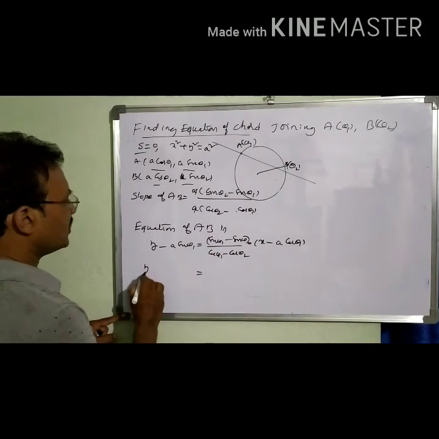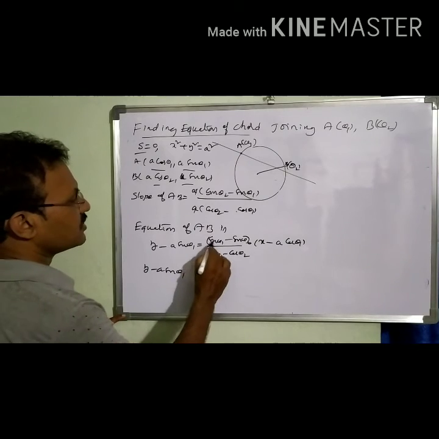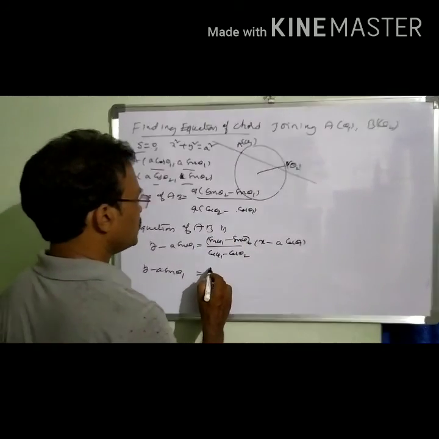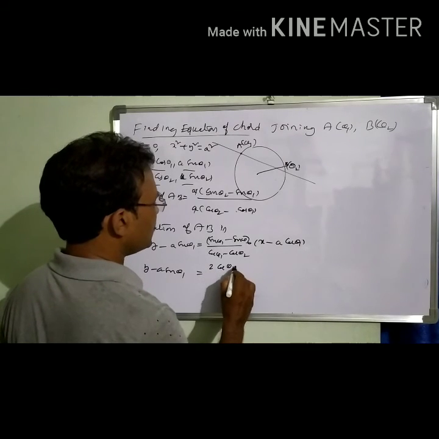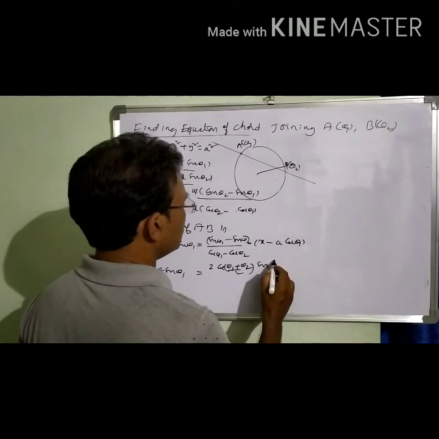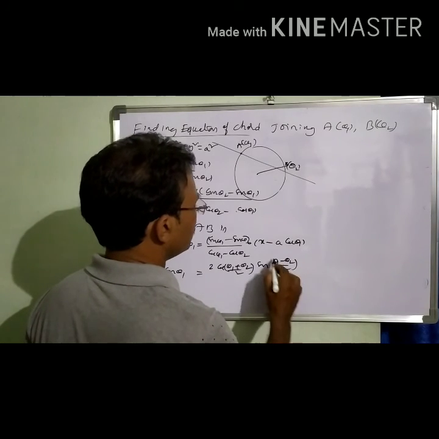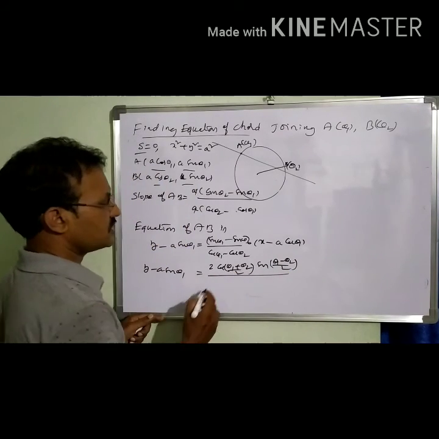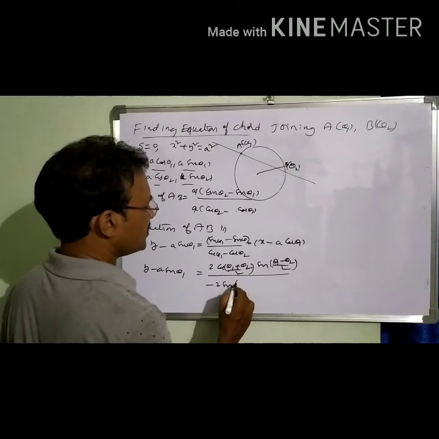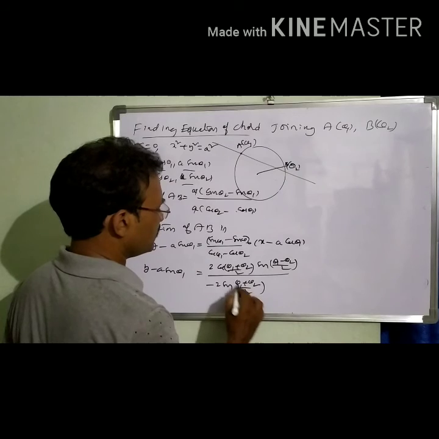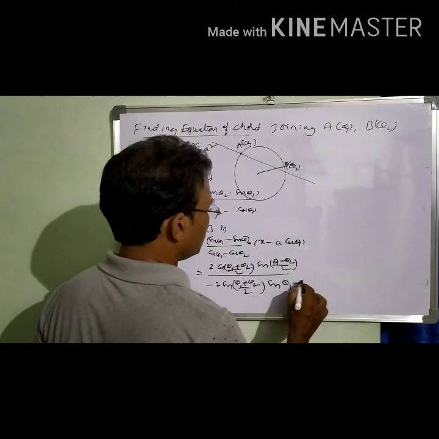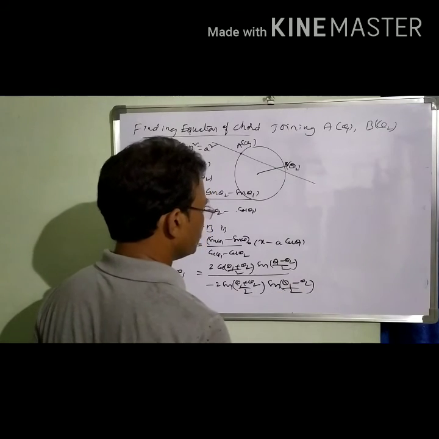That means you can write y minus a sin theta 1 is equal to sin C minus sin D form, which means 2 cos of theta 1 plus theta 2 by 2 sin theta 1 minus theta 2 by 2, by cos C minus cos D. Cos C minus cos D means minus 2 sin of theta 1 plus theta 2 by 2 sin of theta 1 minus theta 2 by 2.